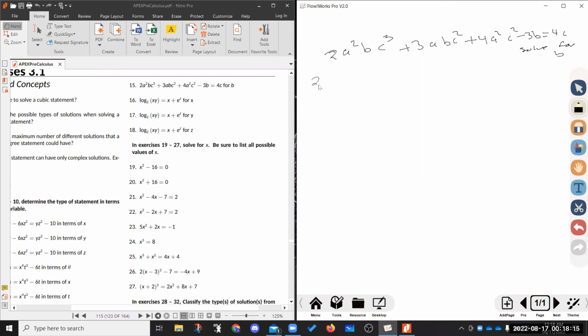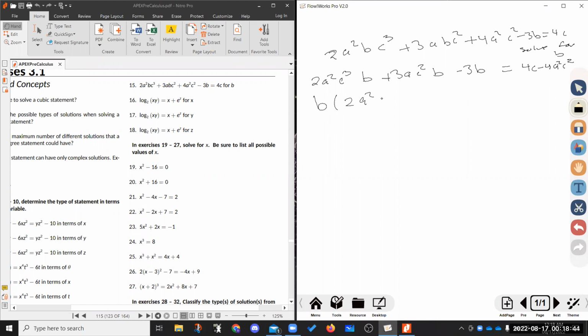Let's make this 2a squared c cubed b plus 3ac squared b minus 3b, and we're going to get everything else away, is 4c minus 4a squared c squared. B is a common factor in everything here.